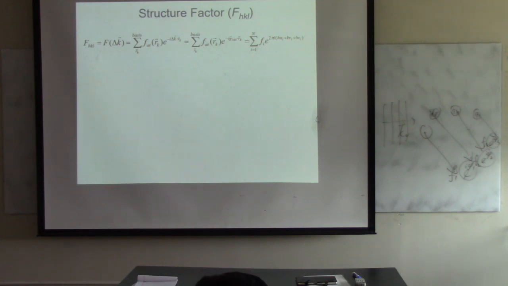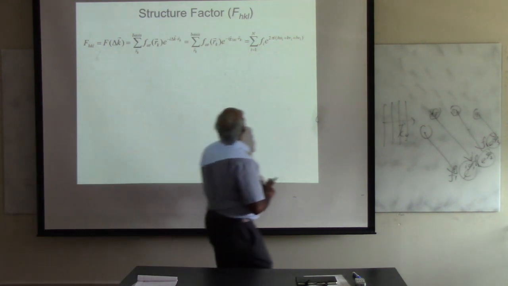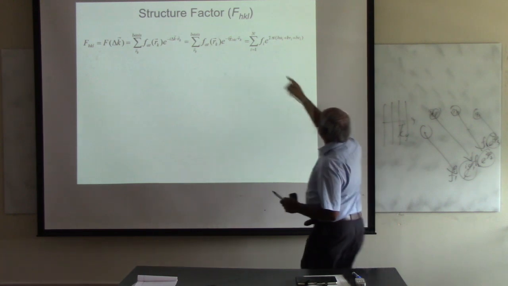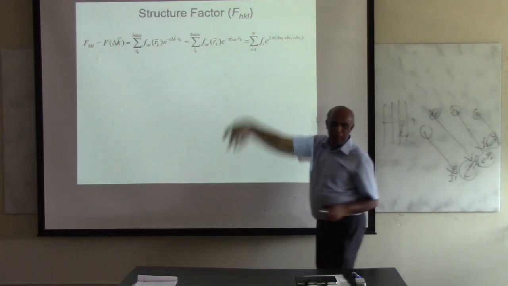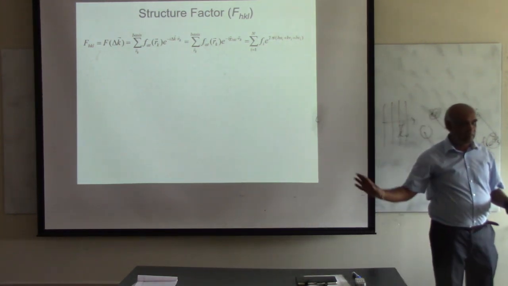Plus K times V alpha plus L times W alpha. That's it. If you know this relationship, you can calculate very simply. So that's what is here. Alpha they write like i, don't worry. Is that clear for everyone?